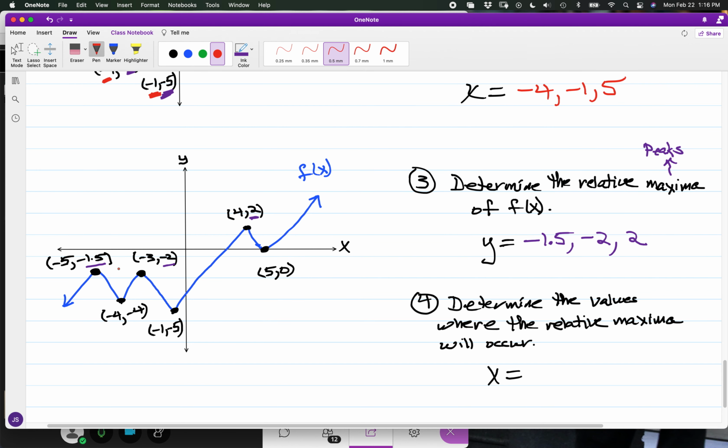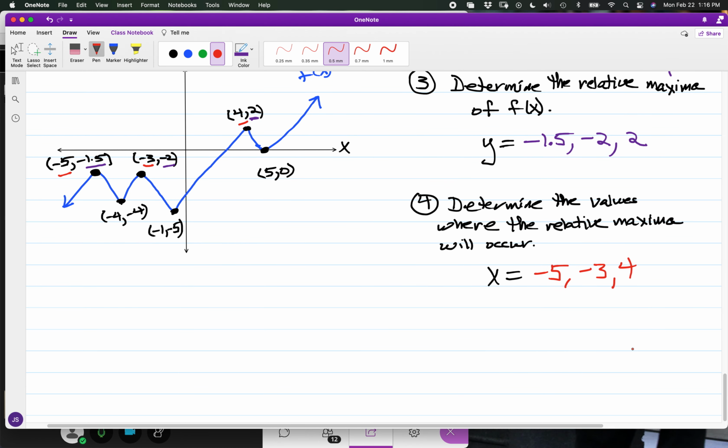So again, we have our peak points. The maximum values are negative 1.5, negative 2, and 2. And for the corresponding x values, we have negative 5, and also negative 3, and also positive 4. So again, where they occurred, these will be the corresponding x values.